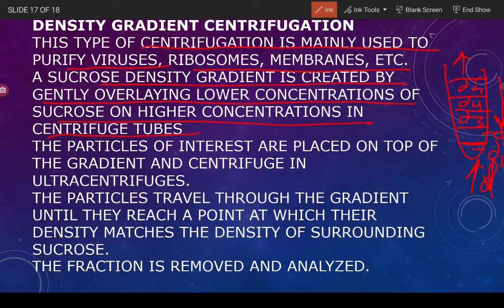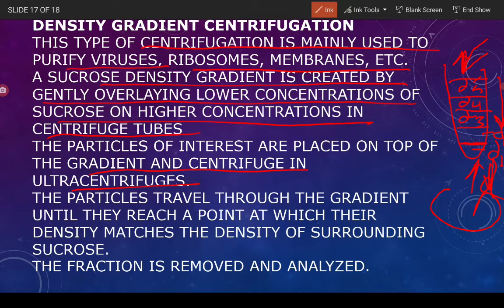So a gradient of sucrose is produced, and the macromolecules of the cells, the viruses, ribosomes are given into it and mixed within it. Now, using this density gradient, they are rotated at high speed.